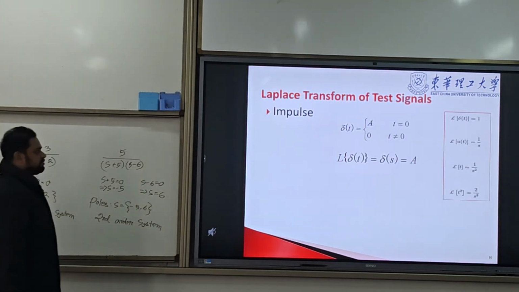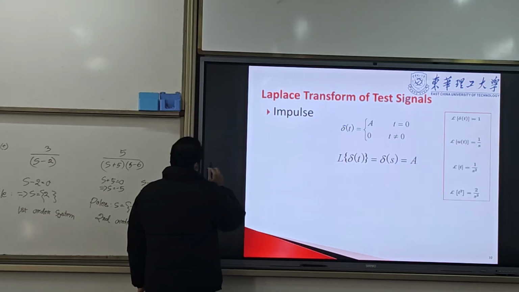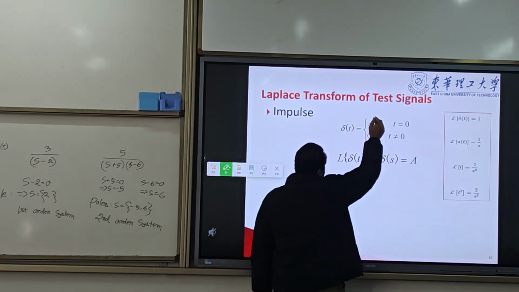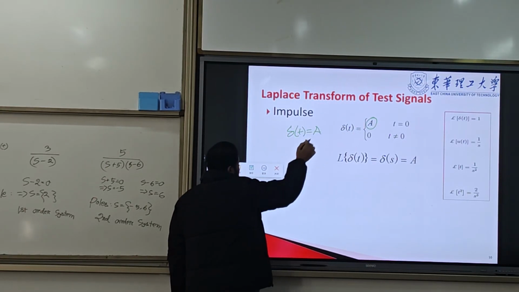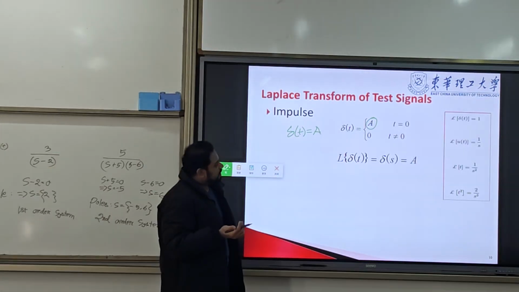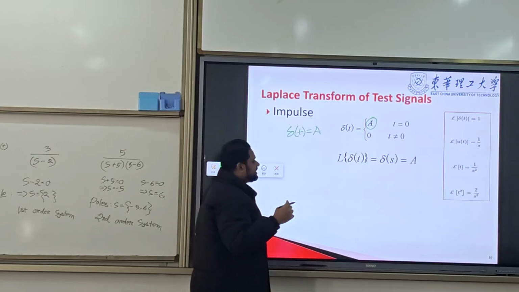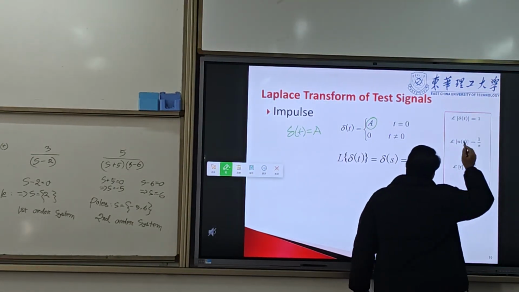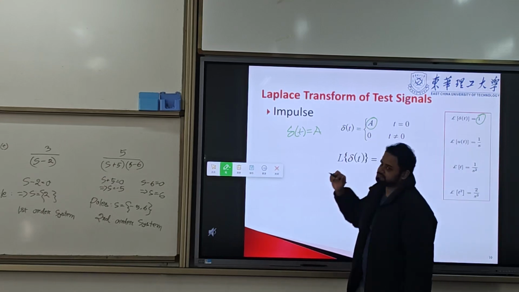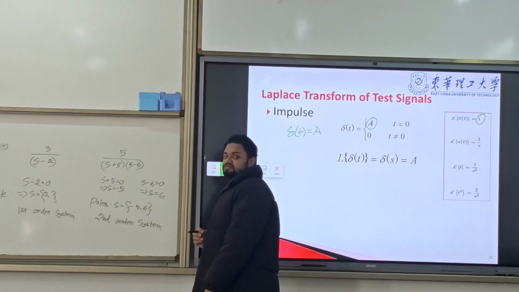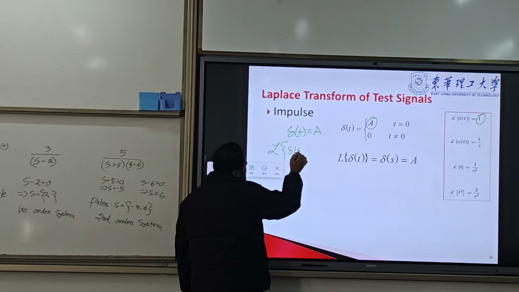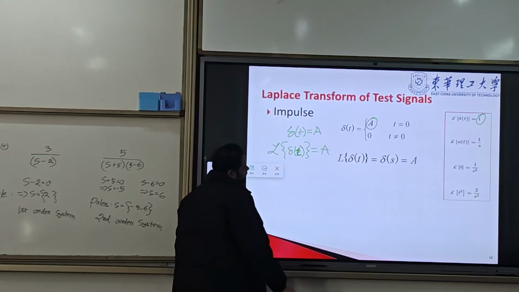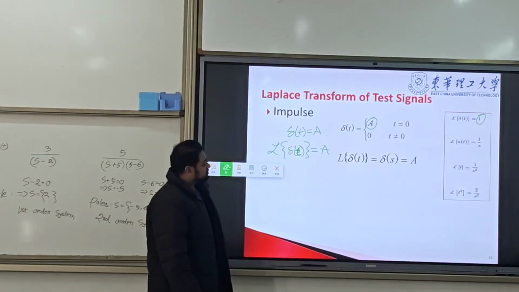It will give you just the value, because this is just an amplitude, delta t is equal to A. And the Laplace transform of delta t is equal to 1, so you will get just A.